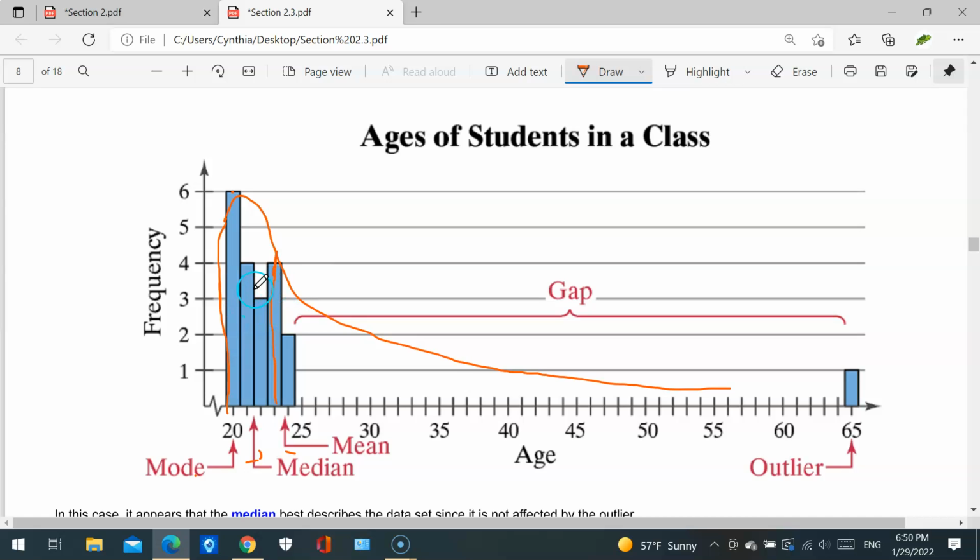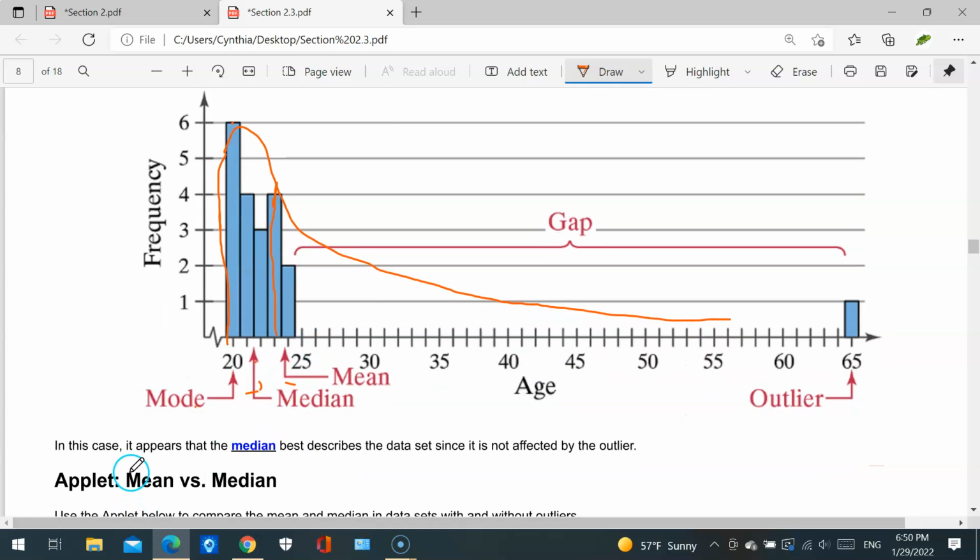Between the mean and the mode will be the median. So in this case, it appears that the median will best describe the data set since it is not affected by the outlier.